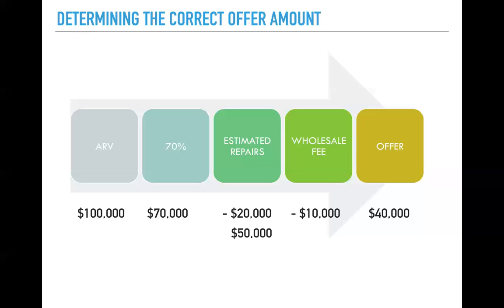So that's just a really quick way to figure out, okay, is this a deal? Is it a really good deal, or is there not enough meat on the bone for this particular deal to be viable? So do you guys have any questions about that?